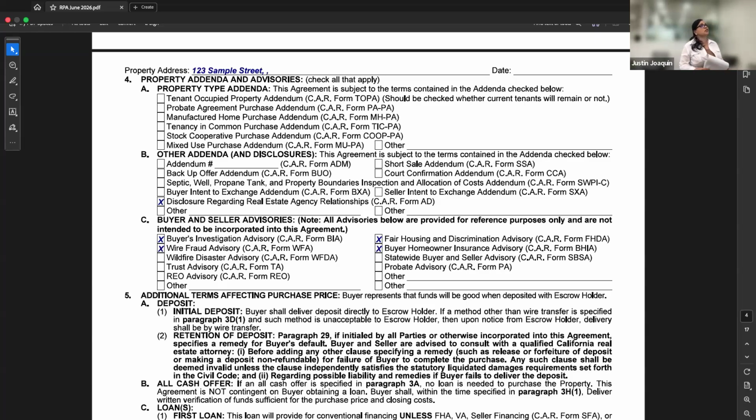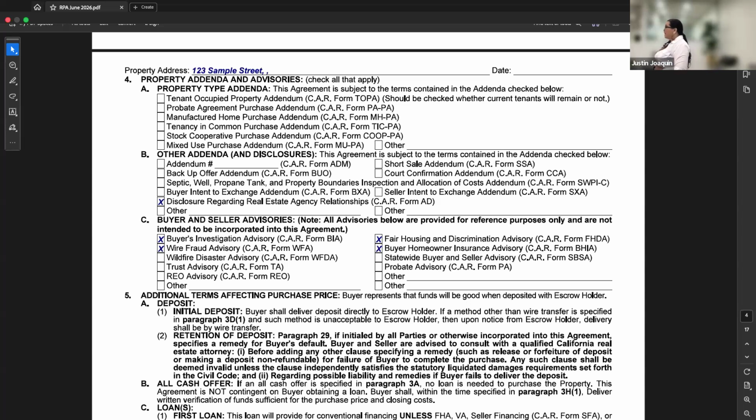This is the dense version, and then I'm going to simplify it. Buyer and seller are advised to consult with a qualified California real estate attorney before adding any other clause specifying a remedy, such as release or forfeiture of deposit or making a deposit non-refundable for failure of buyer to complete the purchase. Any such clause shall be deemed invalid unless the clause independently satisfies the statutory liquidated damages requirements set forth in the Civil Code, and regarding possible liability and remedies if buyer fails to deliver the deposit. Wow. What did I just read? What does that mean?